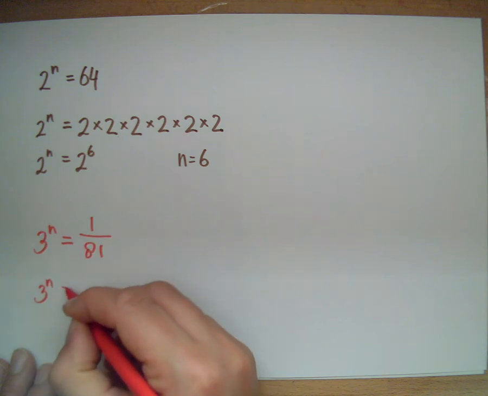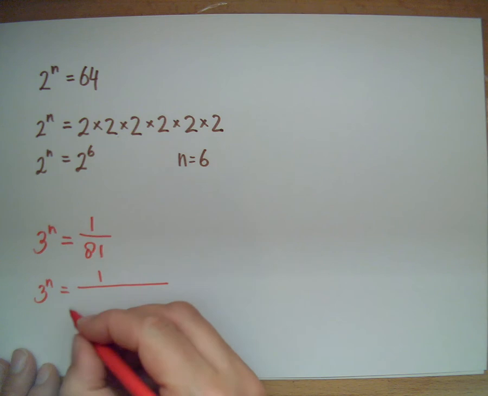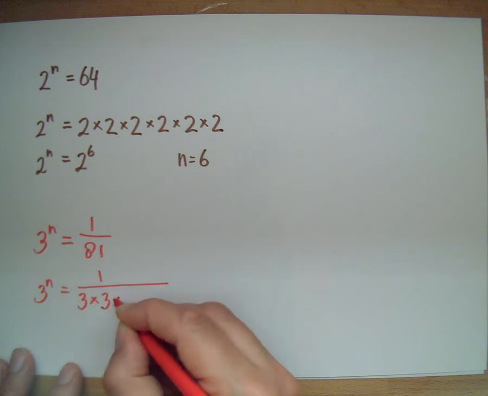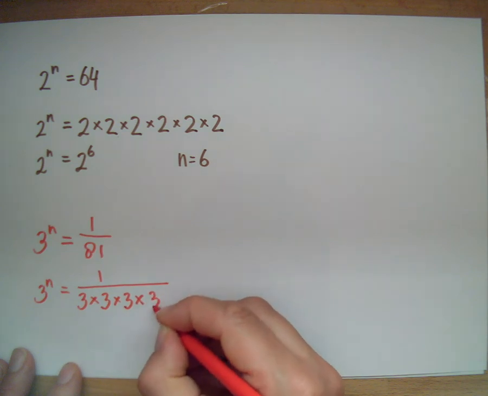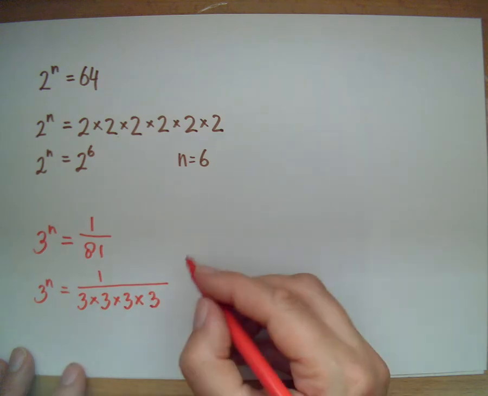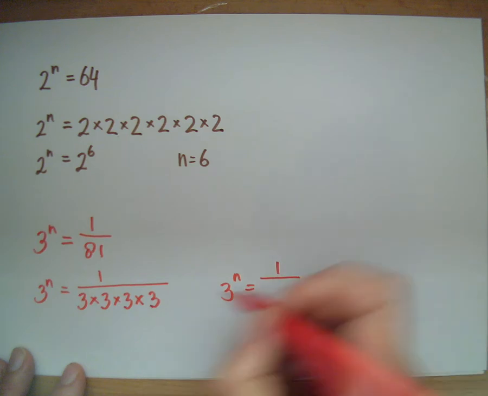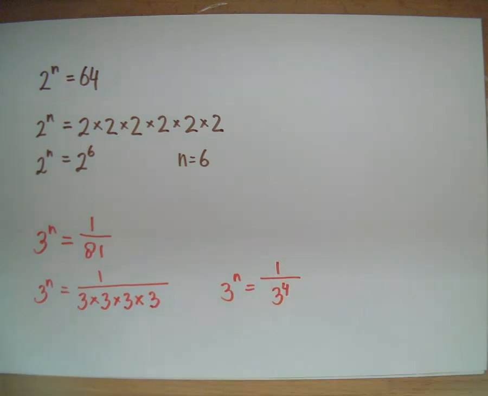We leave it as a fraction. 81 is 3 times 3, that's 9, times 3 is 27, times 3 is 81, yep. So 3 to the power of n is equal to 1 over 3 to the power of 4, right?